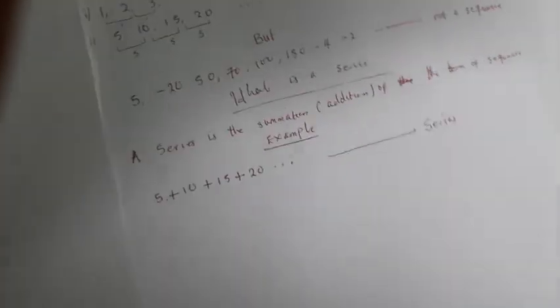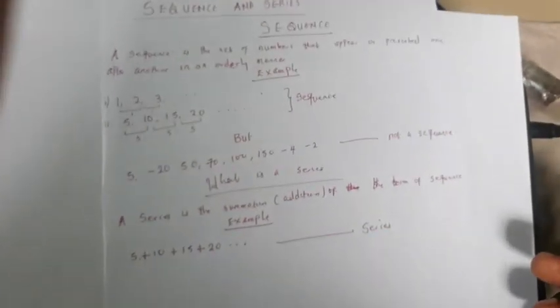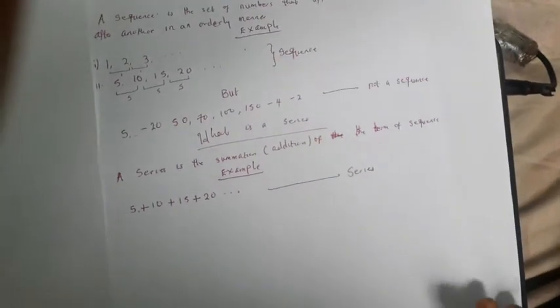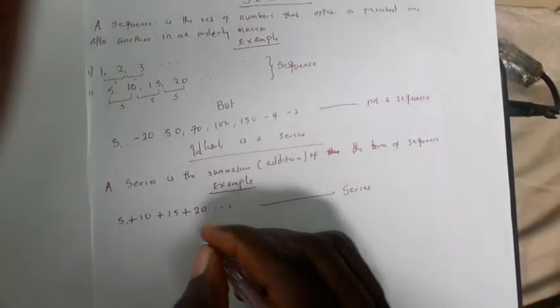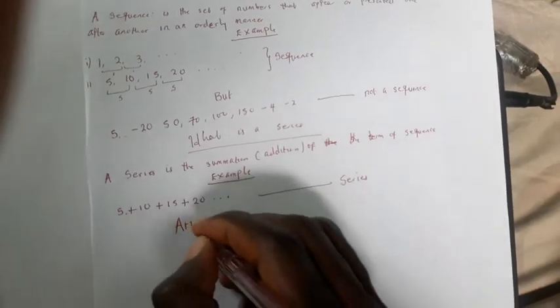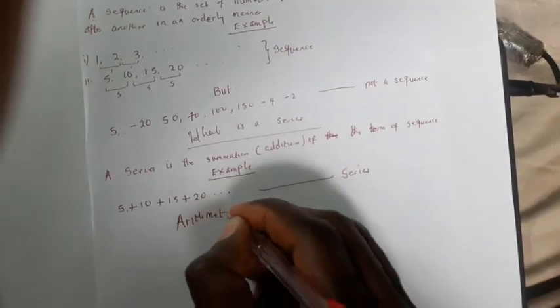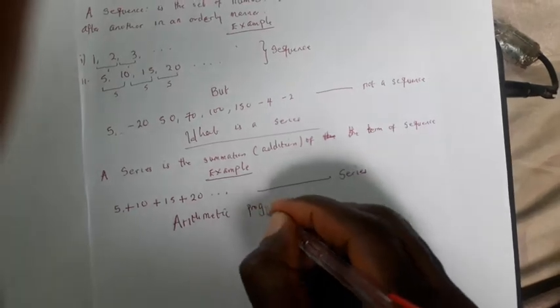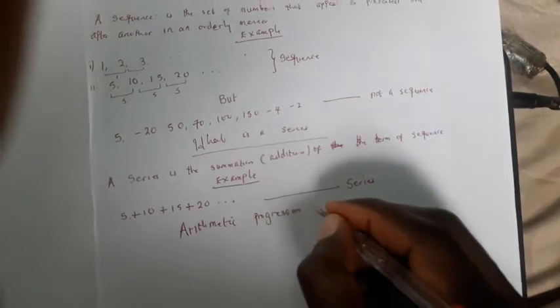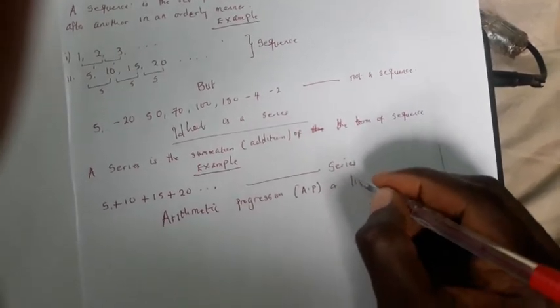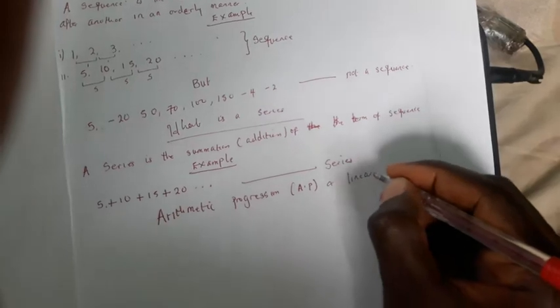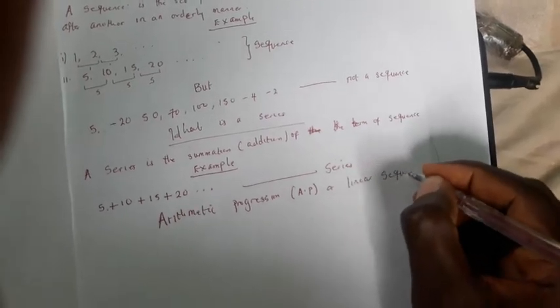Fine. On getting this, we are going to move forward into arithmetic progression, also known as AP or linear sequence.